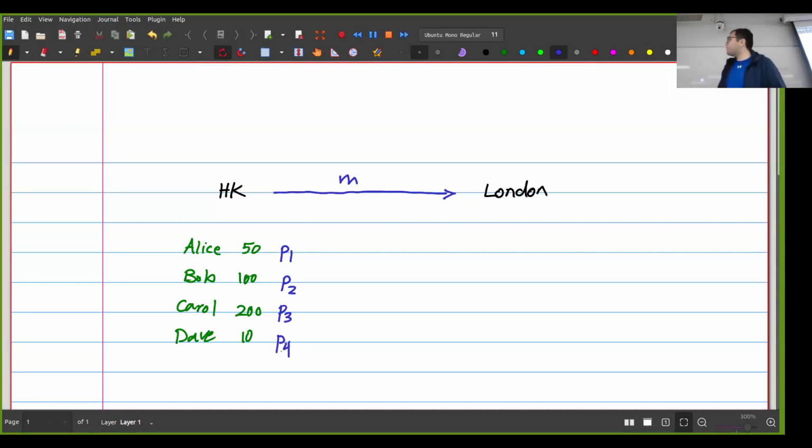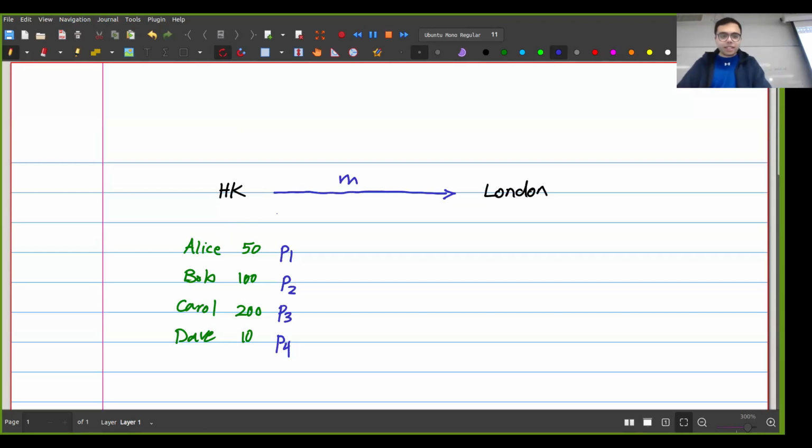Generally, whenever I don't say what the type of something is, you should just assume that it's a string of zeros and ones. So the message M that I'm sending from Hong Kong to London is just a string of zeros and ones. The proofs that I'm giving to each depositor are also strings of zeros and ones.